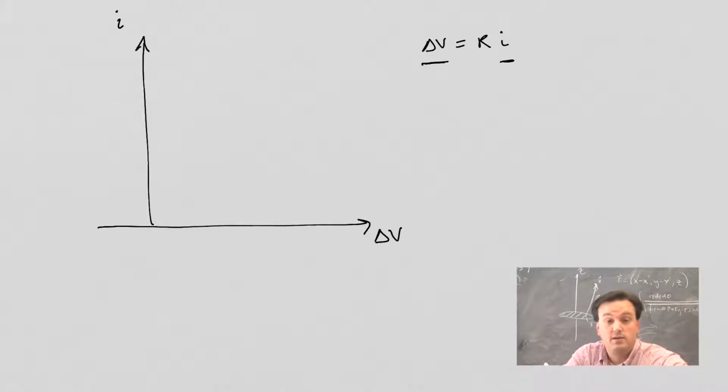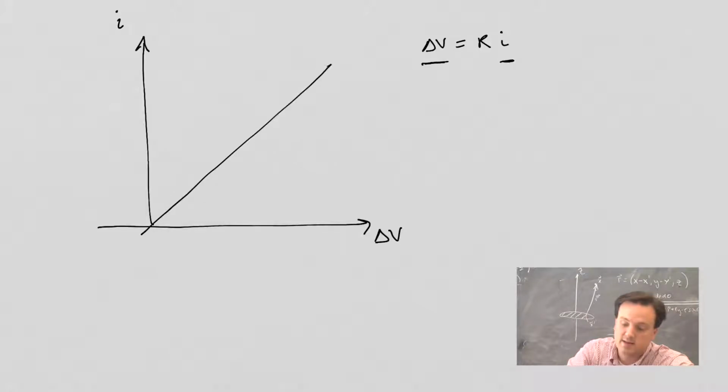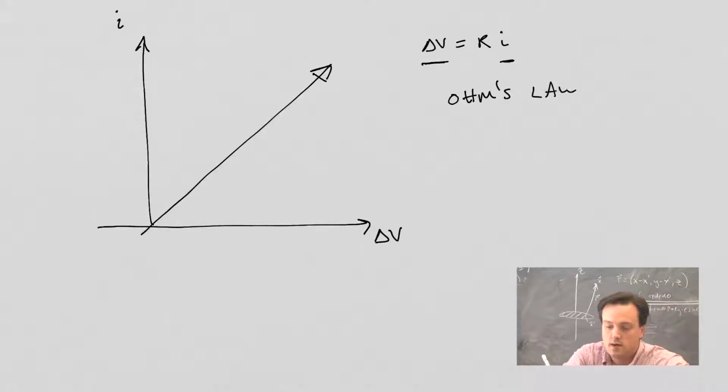Well, if my material obeys this equation, that is, if the relationship between delta V and I is linear, then I see a nice line on this plot that tells me that the current gets bigger as the change in potential gets bigger. And if the material acts like this, then it's said to obey Ohm's law. And in fact, the statement that delta V is equal to R I is Ohm's law itself.